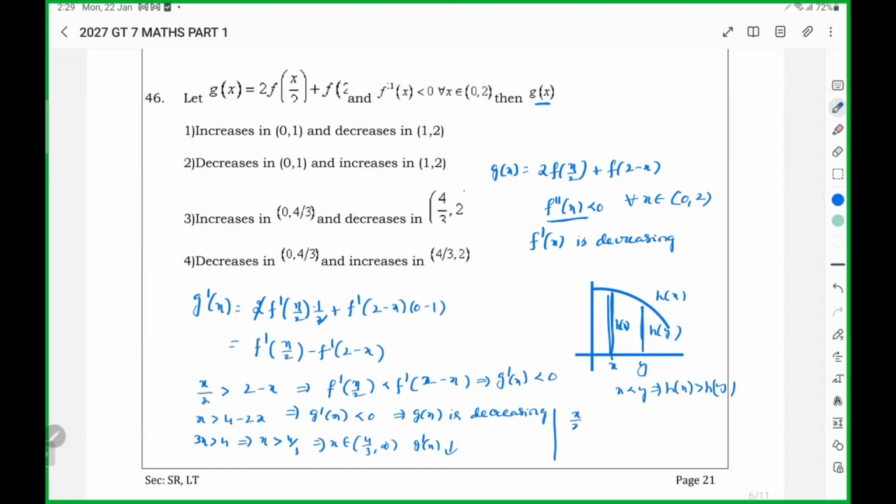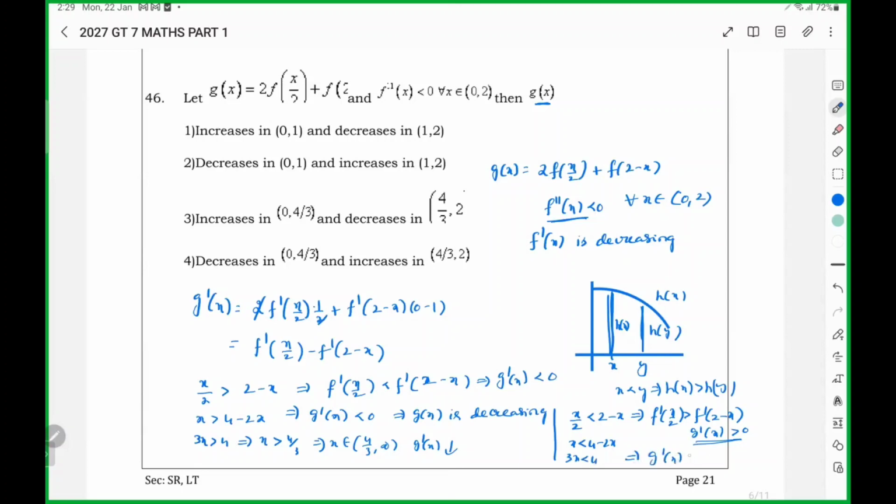another case, let us discuss: x by 2 is less than 2 minus x, so f dash x by 2 is lesser and the other is greater, that is g dash x greater than 0, right? In this case x is less than 4 minus 2x, so 3x is less than 4.